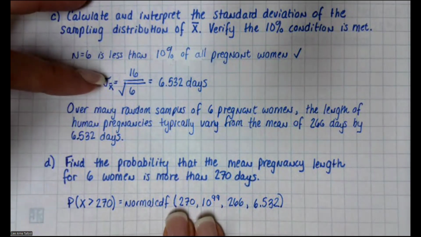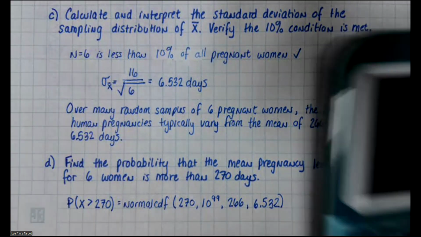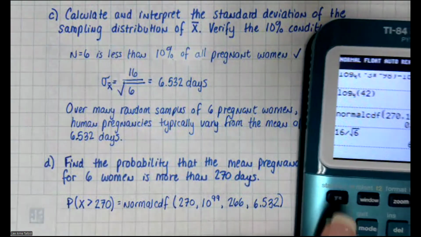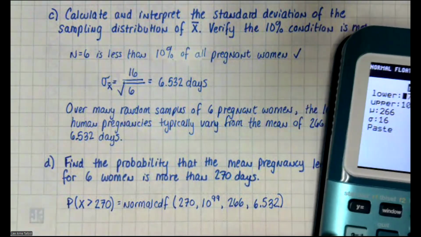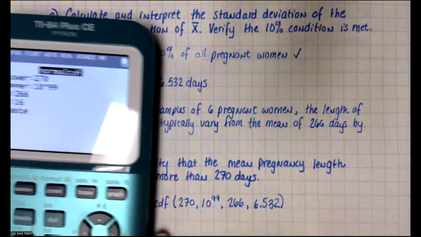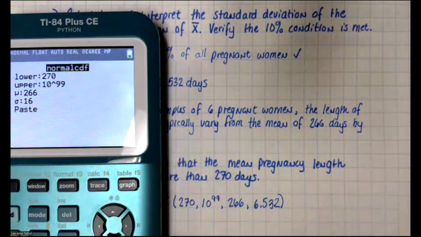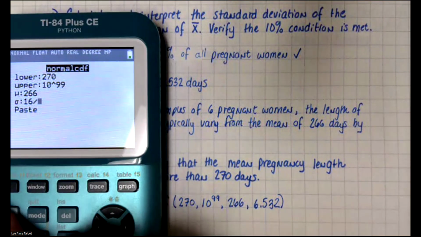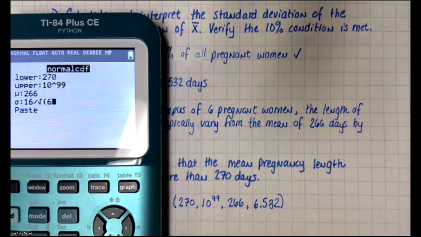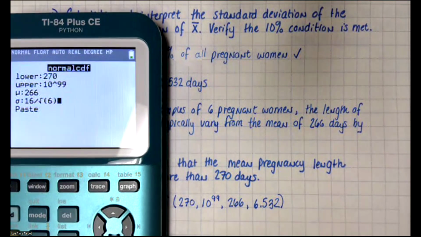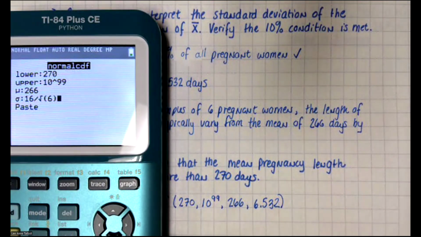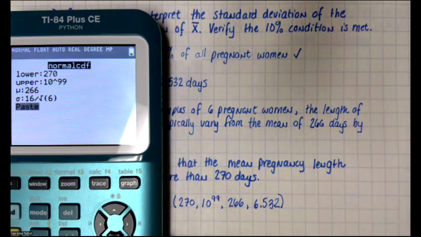And then you labeled these up here. But what I wanted to show you was, if you go to normal CDF, you can type math into normal CDF. So I know we already did this one, but if you hadn't done it, you could type 16 divided by square root of 6 directly in there and it will calculate that for you. So you can put that straight in the calculator like that, which is fun.